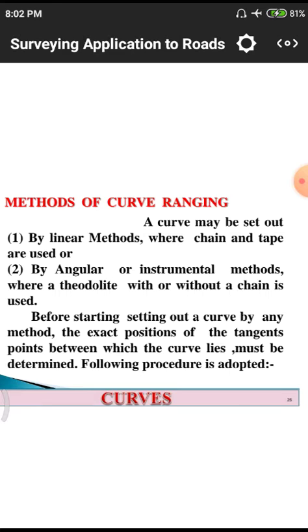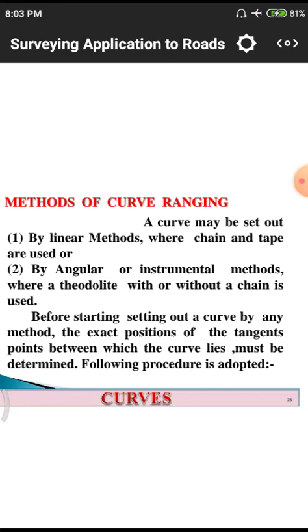For other calculations, after the lengths are over, we need to calculate the hypotenuse, and likewise we use those triangular principles. Next, by angular and instrumental methods we use the theodolite. For horizontal angles and vertical angles, normally we prefer the theodolite for normal measures, but for higher measures we use different techniques.